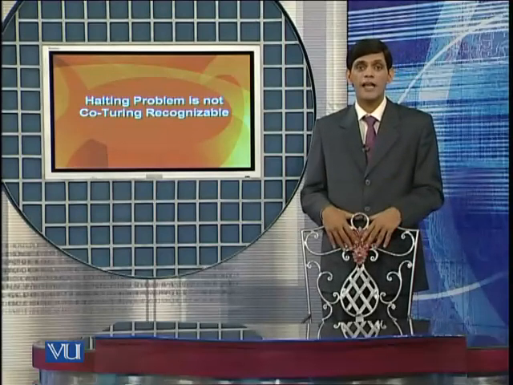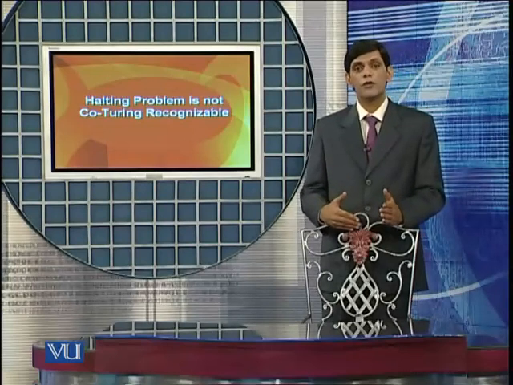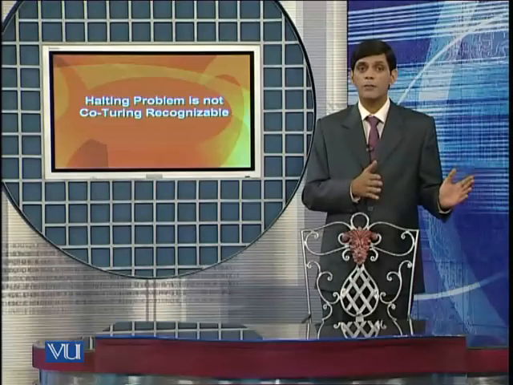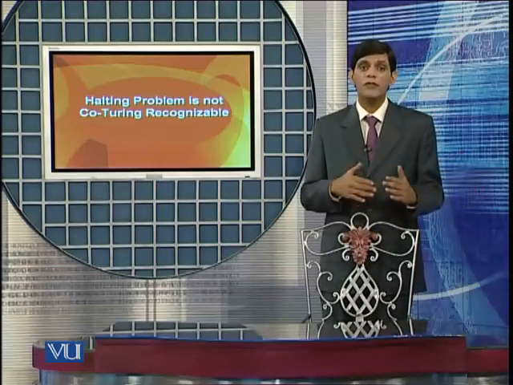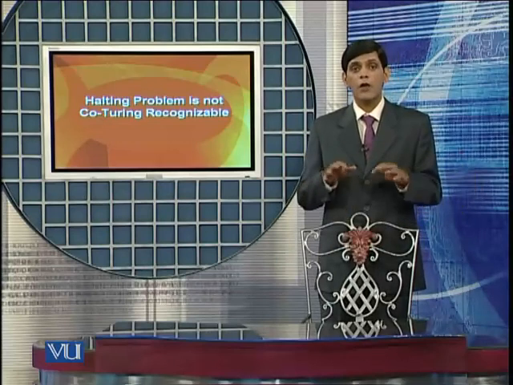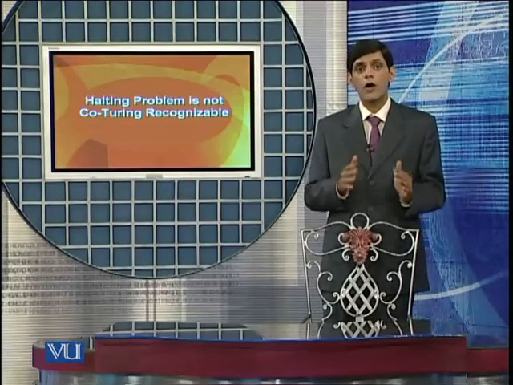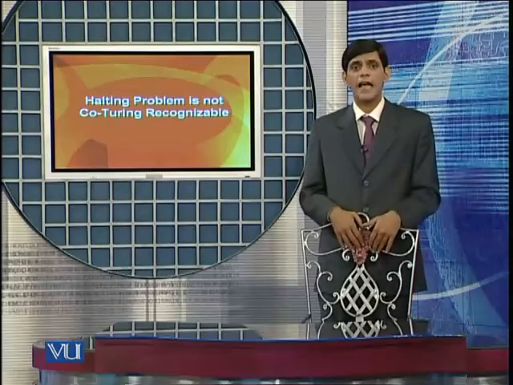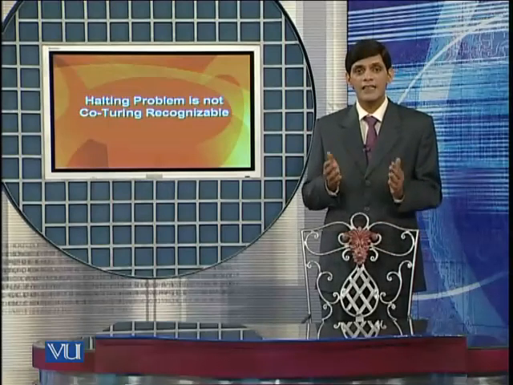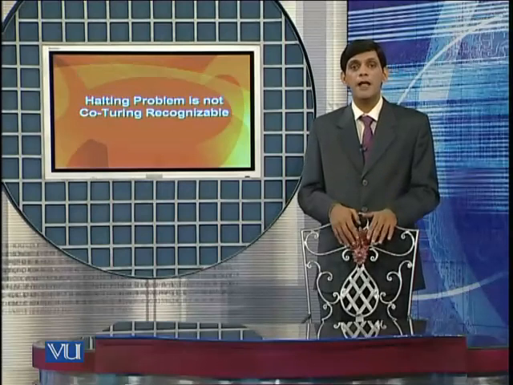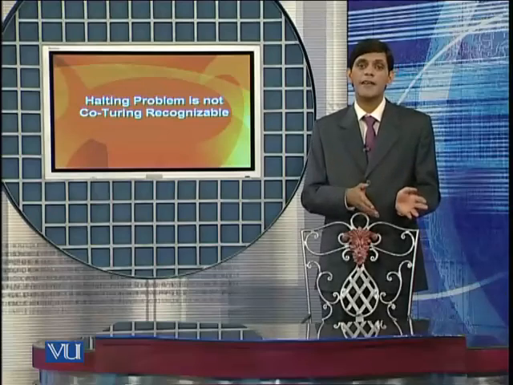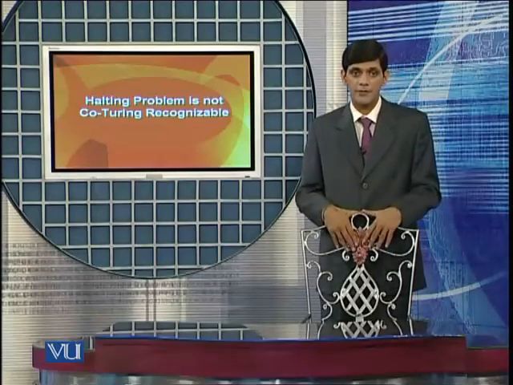So today what we have done is we have identified a problem, the halting problem, and shown that it is not decidable. Then we also saw that the halting problem is Turing recognizable. It is very easy to make a Turing machine that recognizes ATM. All it does is simulate M on W, and if M accepts W, then it accepts.